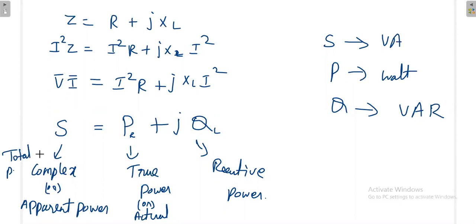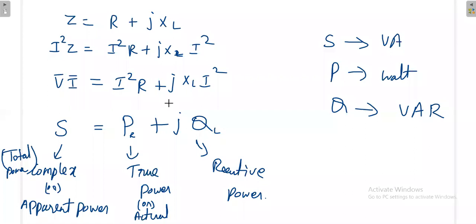You have to understand that. That is the idea of cos phi: how much of the total apparent power is distributed to the resistor as true power. That is the power factor. The rest of the power will be distributed to the reactive element, either inductor or capacitor.